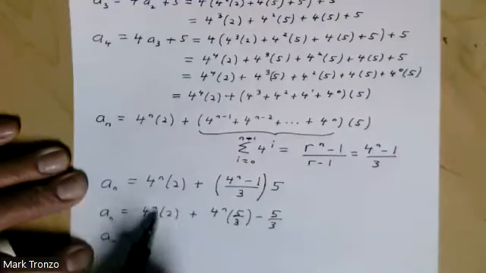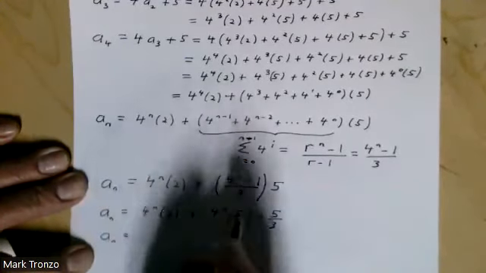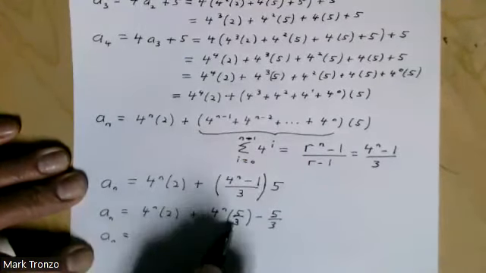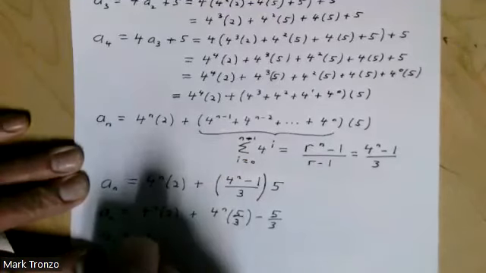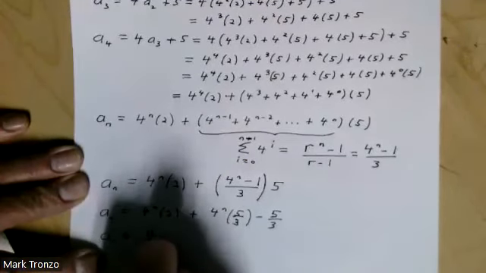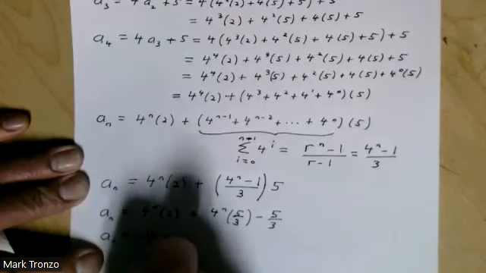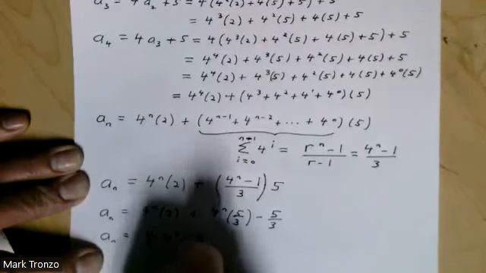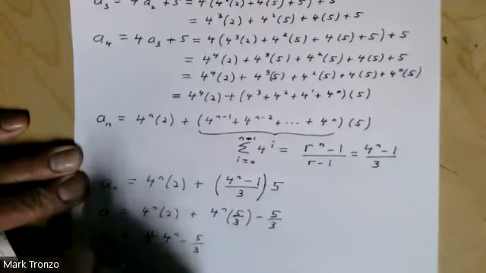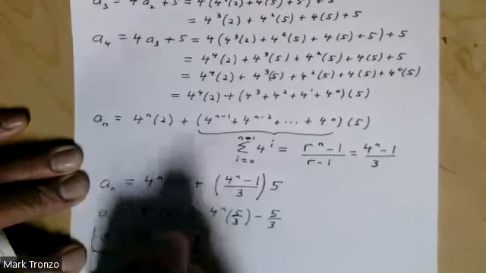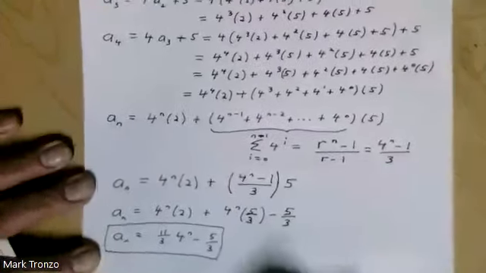And then we can factor out the 4 to the n, can't we? And then we put these two numbers together, that would be 11/3. And that's our answer.